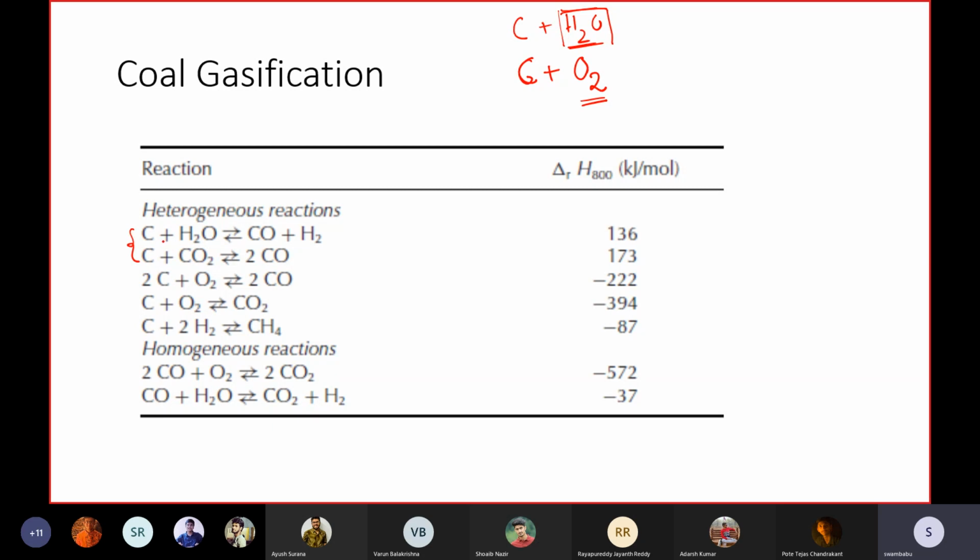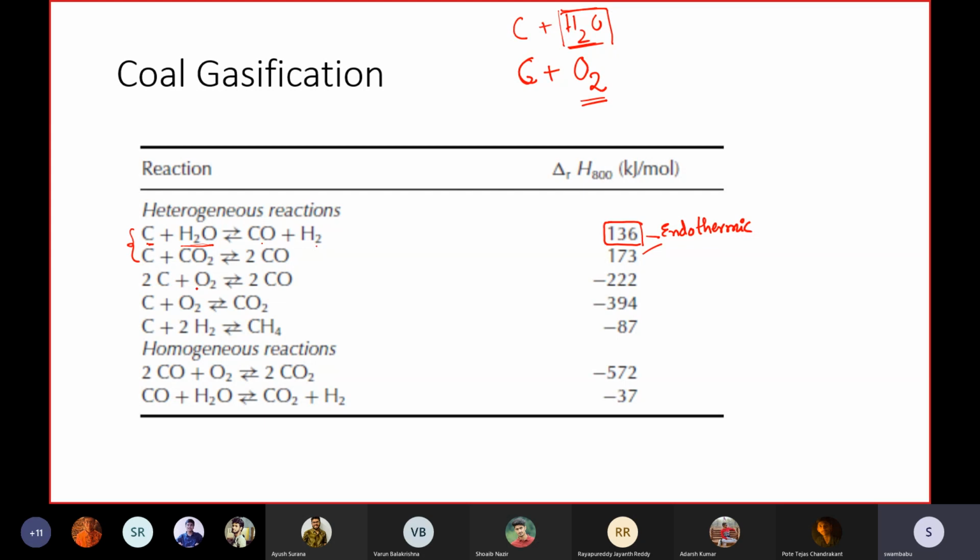If you use steam, carbon reacts with steam and is converted to carbon monoxide and hydrogen, and this is an endothermic reaction. Also the carbon reacts with carbon dioxide and produces carbon monoxide, and this is also an endothermic reaction.